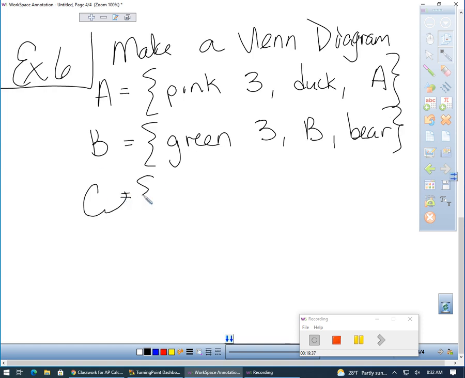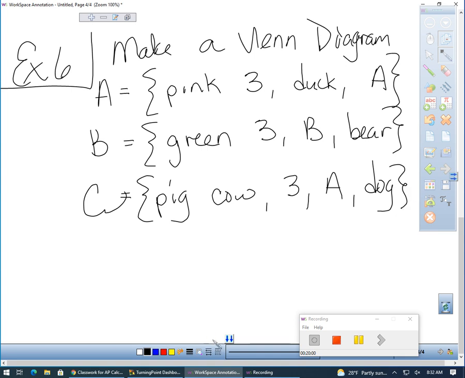Set C, let's say we have pig, cow, 3, A, and dog.